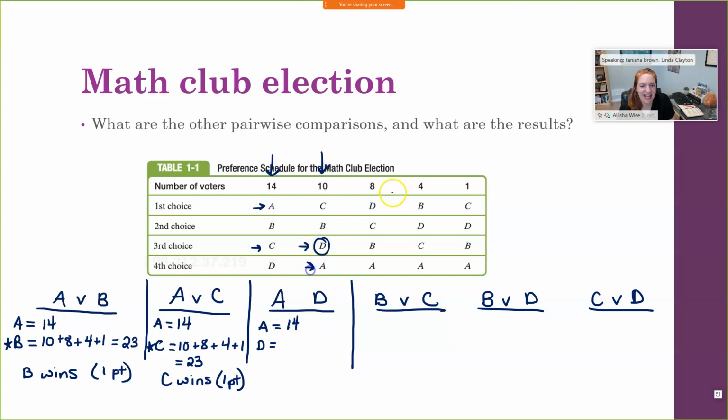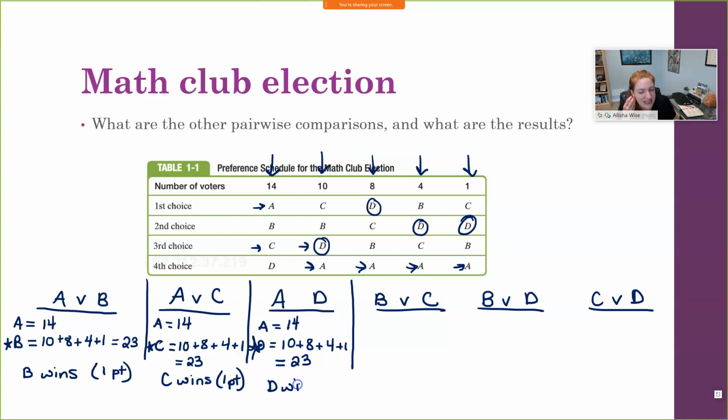D wins the 10, D wins the 8. Exactly. We'll get more exciting. Don't worry, guys. So D wins. We're going to give D 1 point.